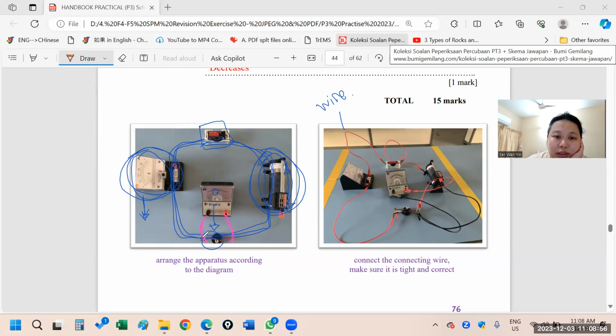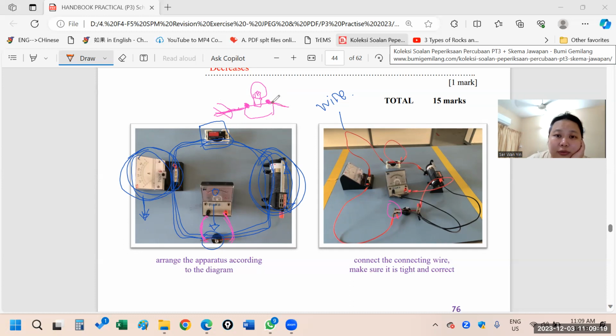Okay, the light bulb normally has a light bulb holder, and here is the screw. For this case, they make another wire out, so you just clip on it.